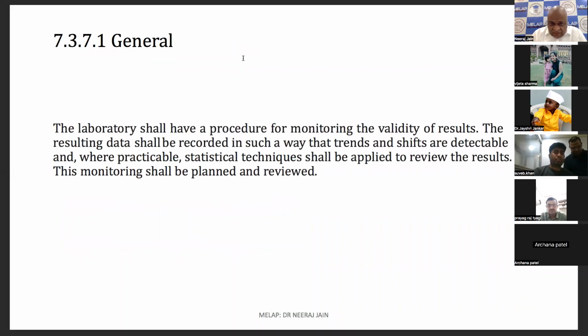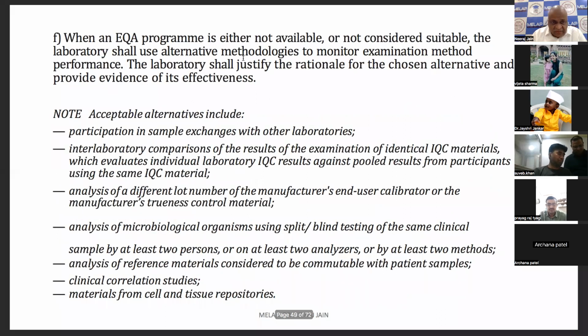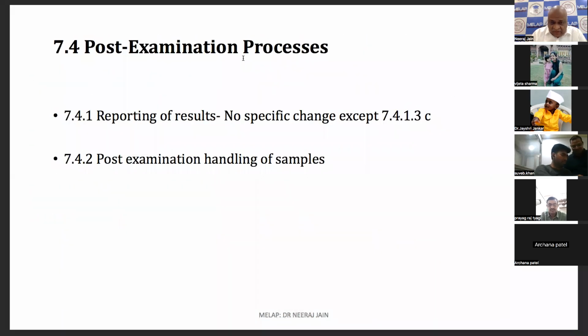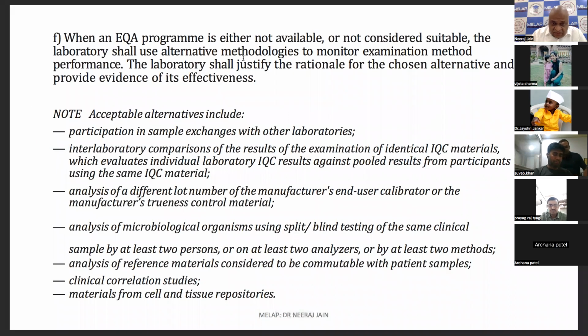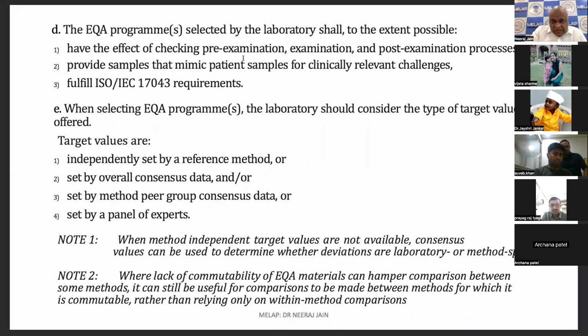But now what they have done, IQC is same. In EQAS, what they are saying, you select an ISO 17043 accredited EQAS program and ask the EQAS provider how they have decided about the target value or group mean.